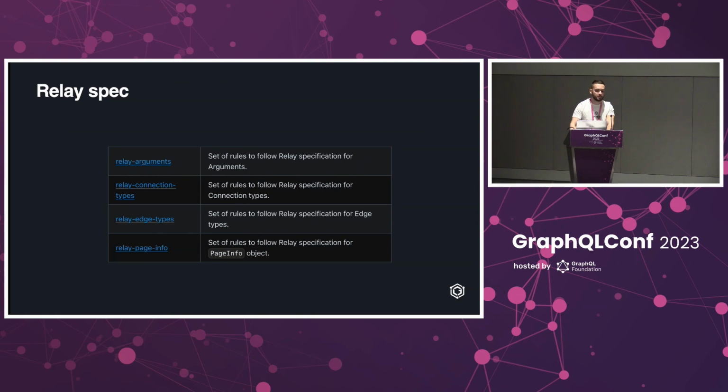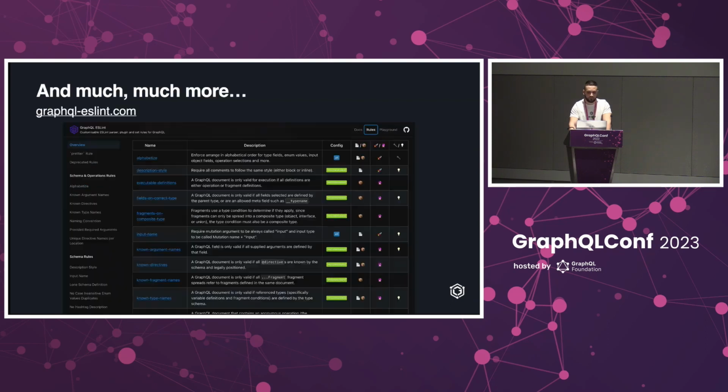As I said, the Relay spec is split into 4 Relay spec rules for validating Relay arguments, connection types, edge types, and the special type PageInfo. And much more.